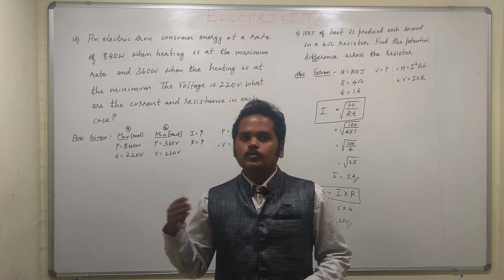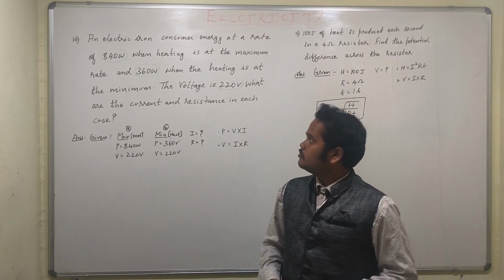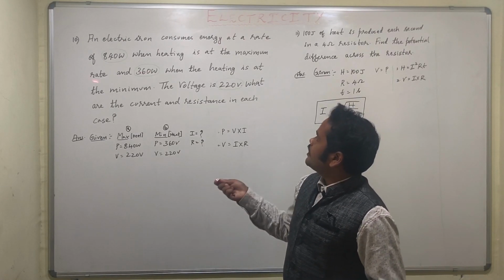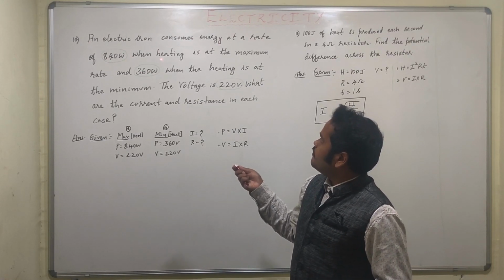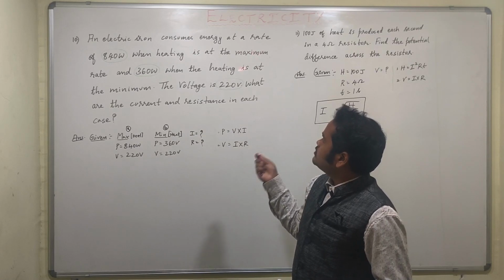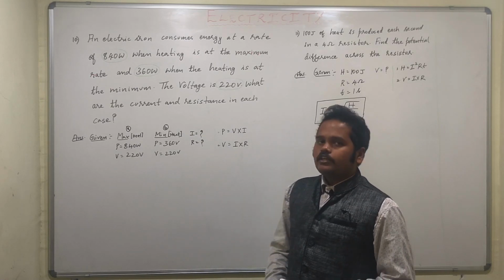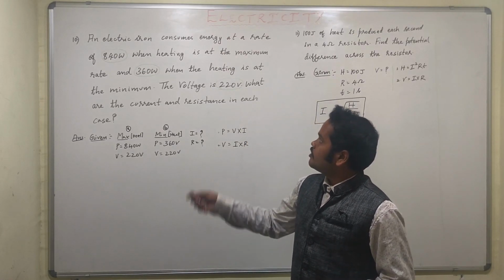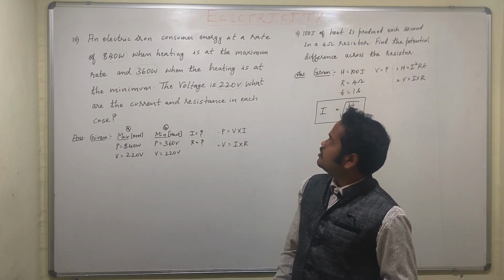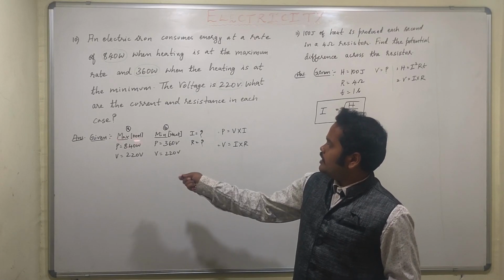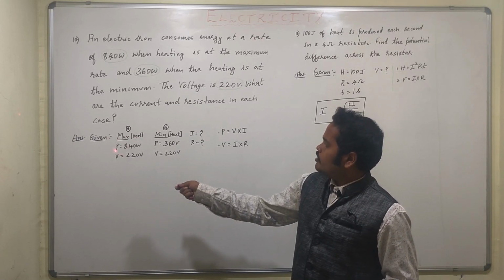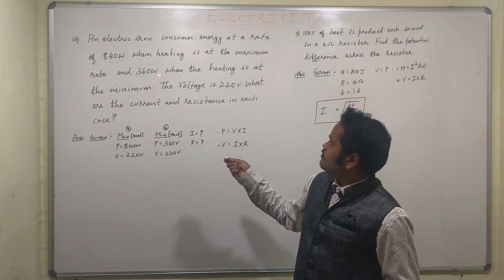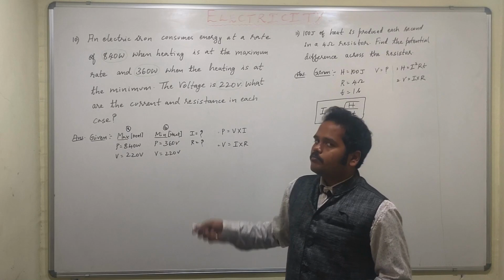Now we will go on to another problem. An electric iron consumes energy at a rate of 840 watt when heating is at maximum rate. So here they are saying that when the heating is at the maximum rate, the power is P is equal to 840 watt, and 360 watt when the heating is at minimum.